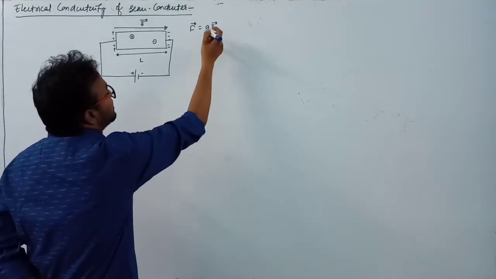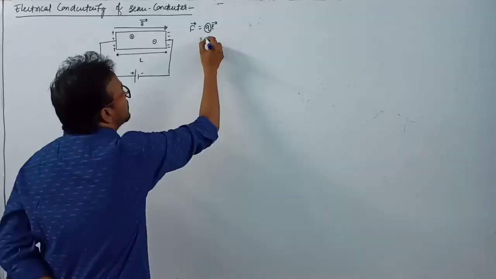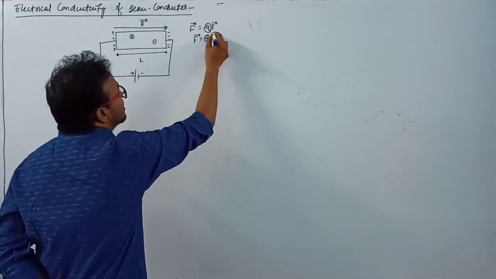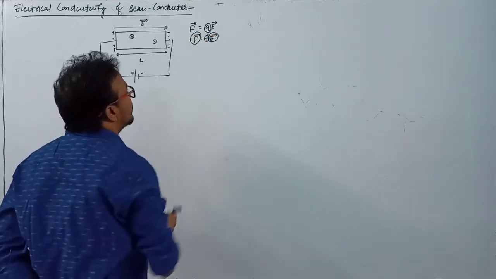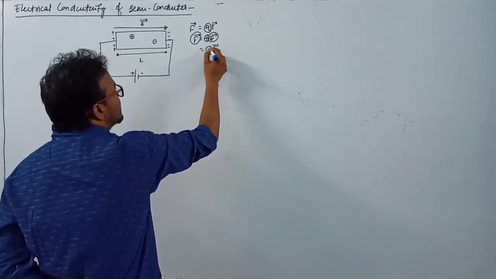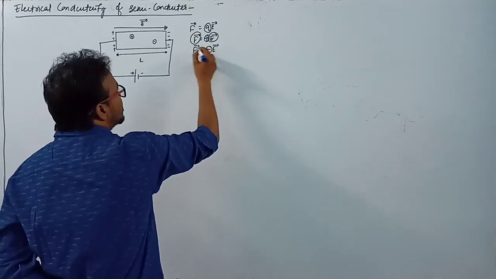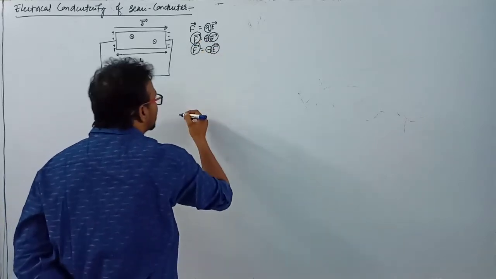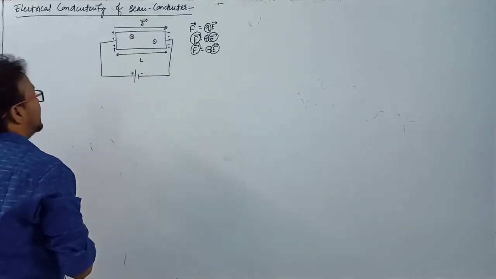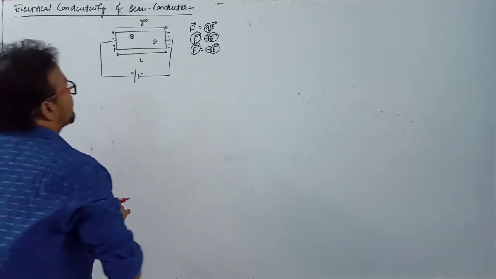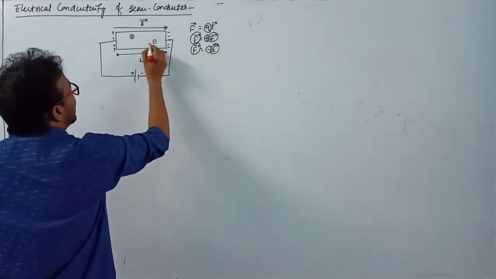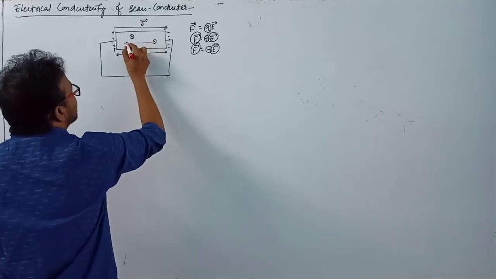If the charge is positive, the direction of force and the direction of electric field are equal. But when the charge is negative, the direction of force is opposite to the electric field. So the electron experiences a force opposite to the electric field.